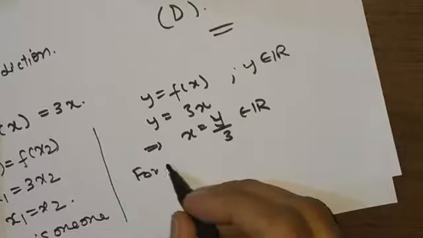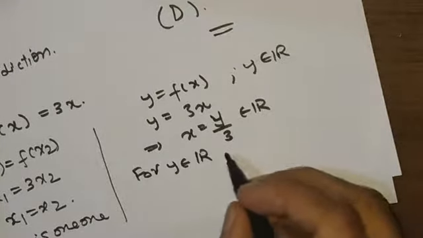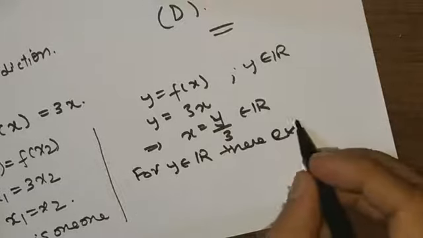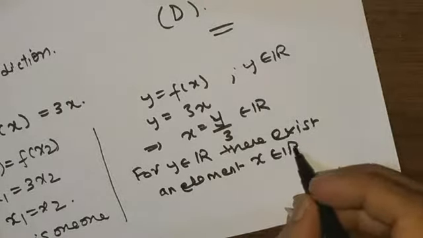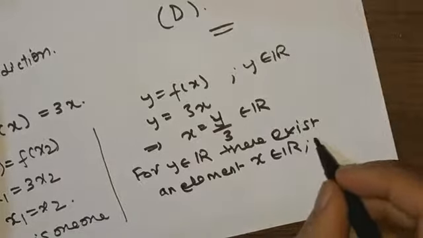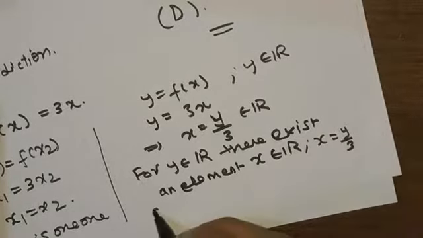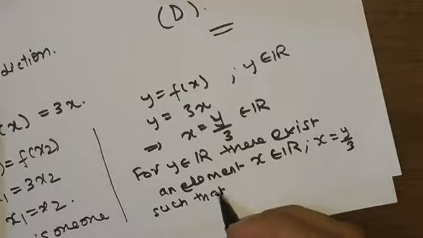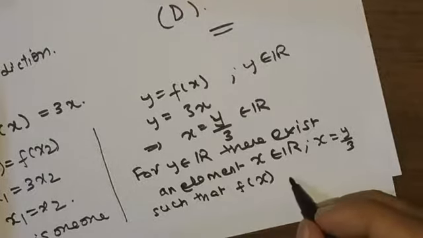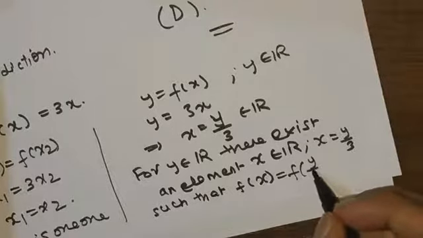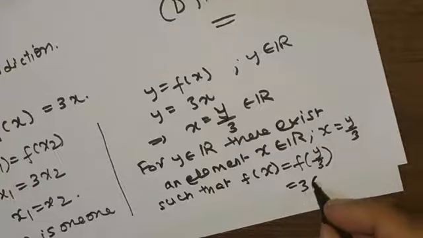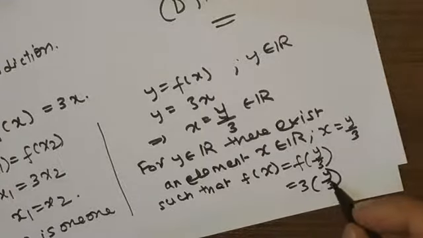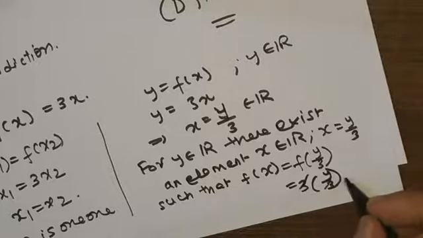So what you get is, for y belongs to R, there exists an element x which belongs to R, and x = y/3 such that f(x) = f(y/3), which will be equal to 3 times y/3 because of the definition of the function. So 3 and 3 will get cancelled, you will get y.